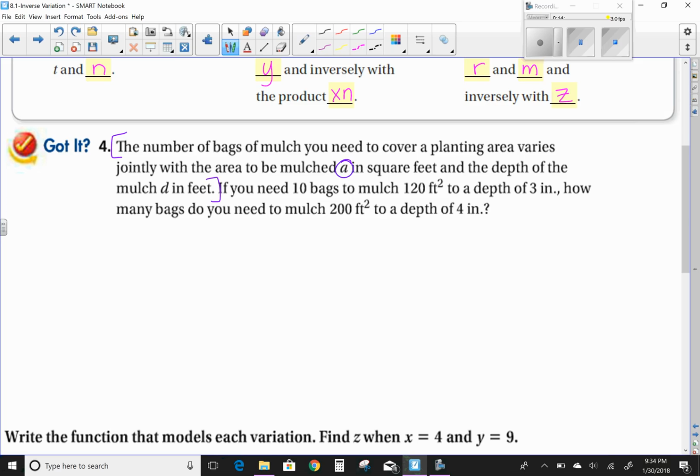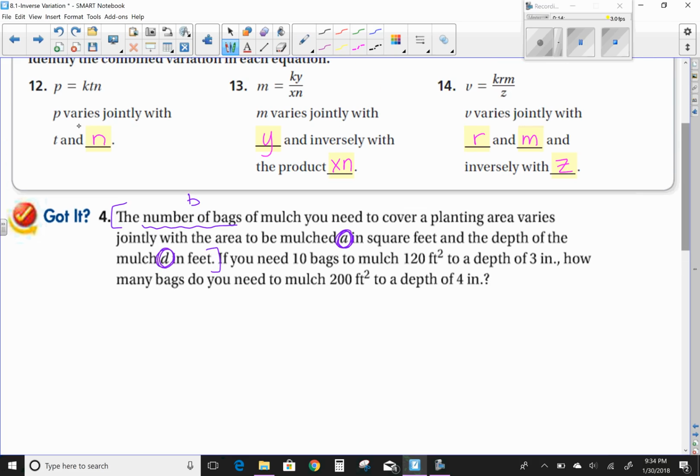Here's one variable, my area in square feet, and then they gave me the depth. All right, I need another variable in here because I'm going to have 3 numbers, and it's the number of bags. So you can choose whatever letter you want. Most of my students wanted to choose the letter B, so that's what we're going to use. And so the key for figuring out which variable is all by itself is that it's the one that comes before the word varies.